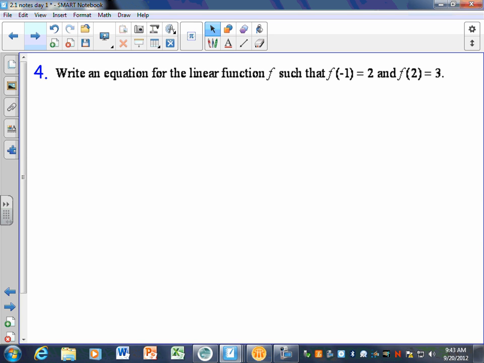Yeah. And it's nice because they tell you what kind of equation you should be writing. A linear equation. So do we have a form for a linear equation that we usually write linear equations in? Yeah, we have y equals mx plus b.